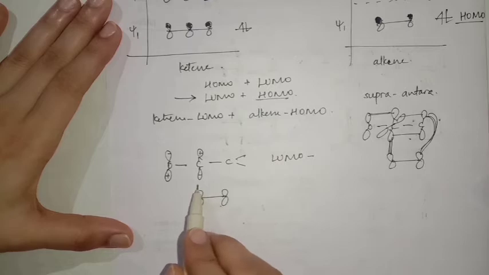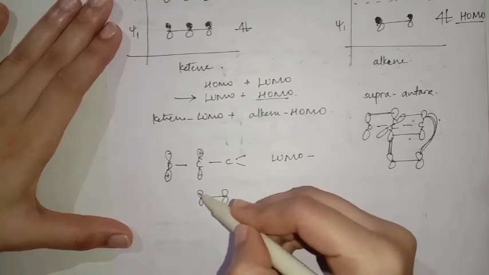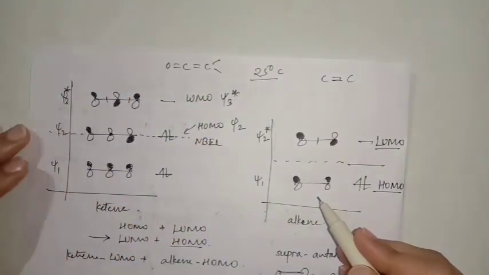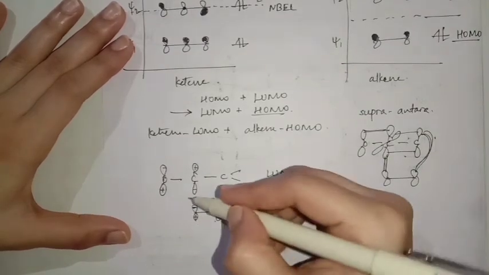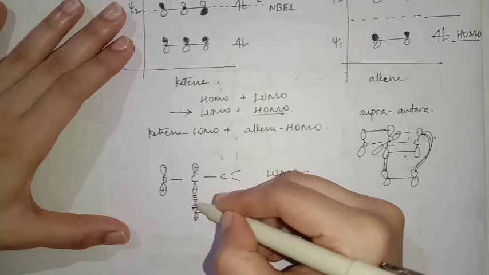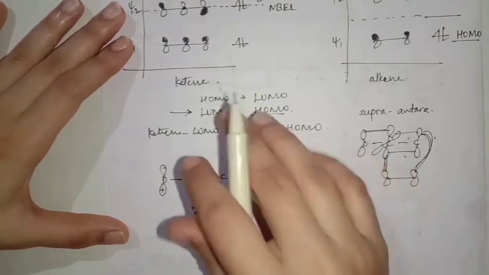Suppose I have to make a bond with this negative lobe, then I have to put negative here. I am taking this orbital by reversing its side. This negative lobe upward, then the positive lobe will be in the downward position. Now this negative lobe will easily make a bond with this negative lobe. So this is one type of reaction. We have made one bond.